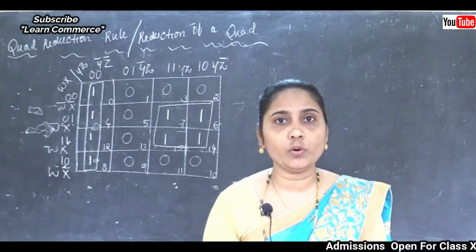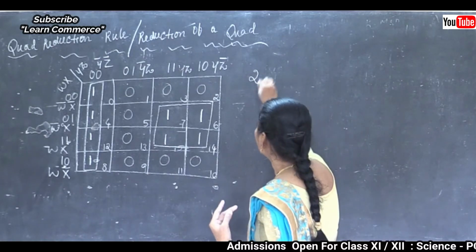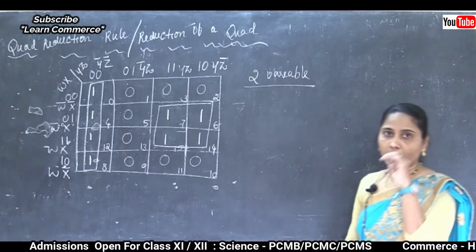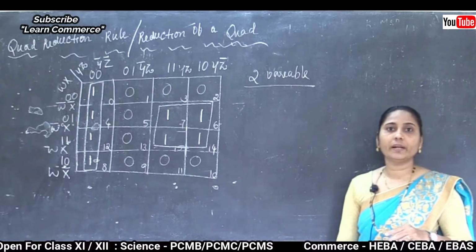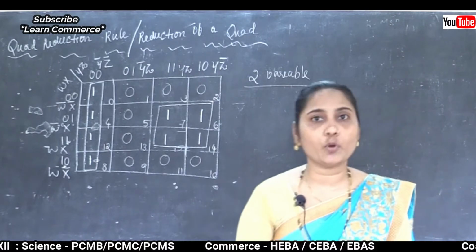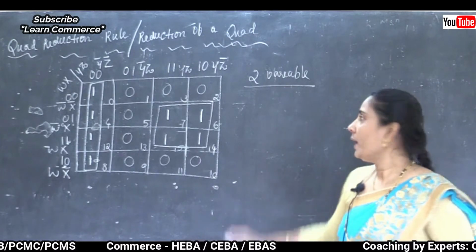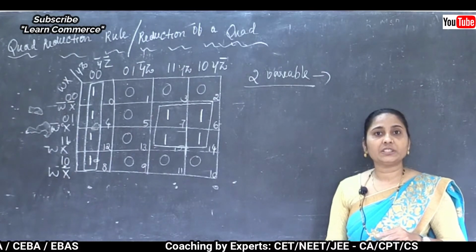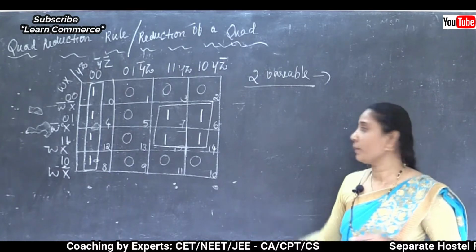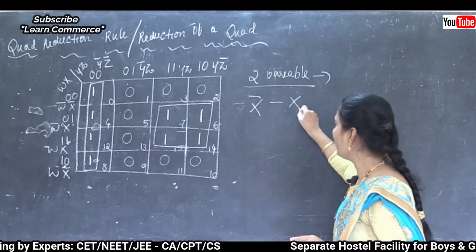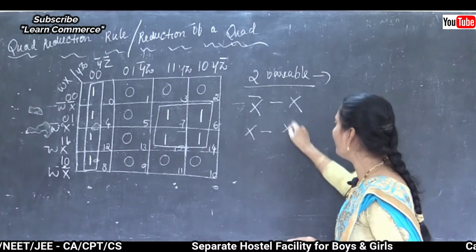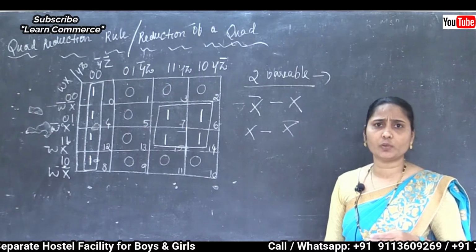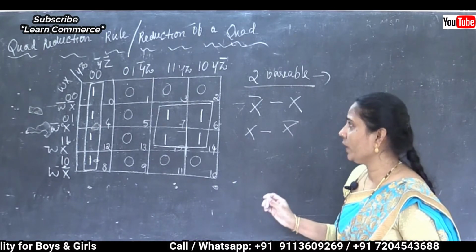A quad removes 2 variables only, while a pair removes 1 variable. The variables removed are the ones which change their state, from complemented to uncomplemented or vice versa. This is our quad reduction rule.